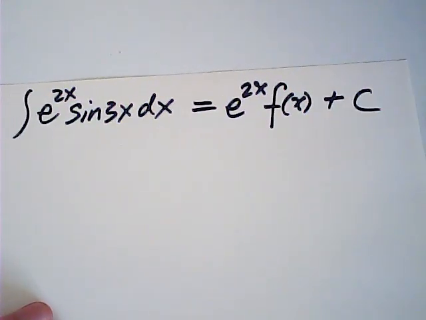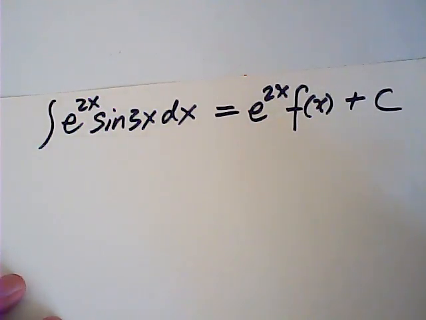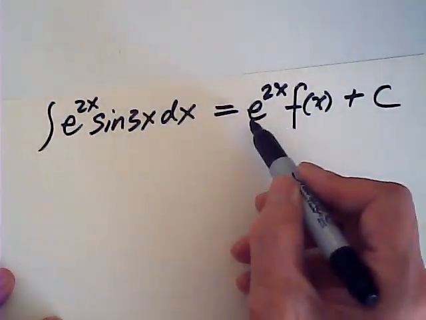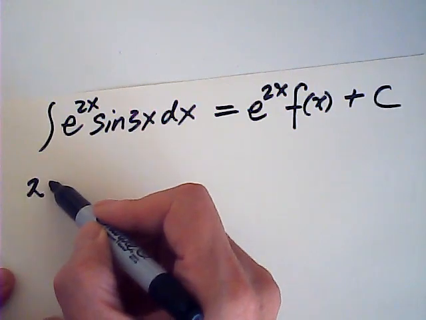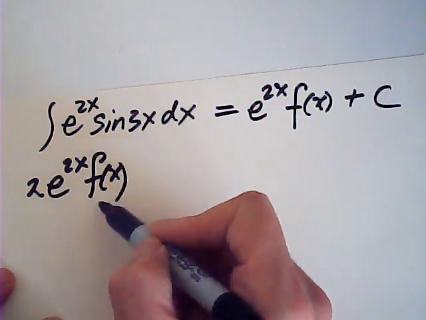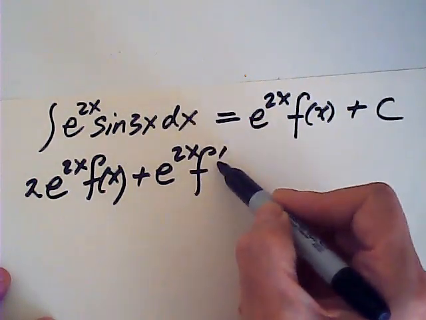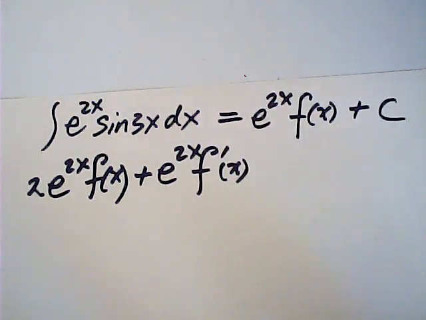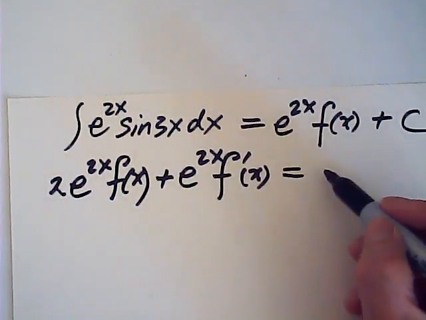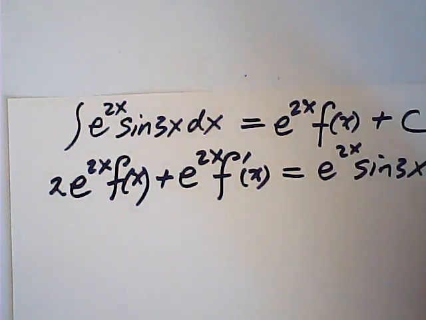Well, I hope you accept it. And then we differentiate both sides. This differentiates to 2e^(2x) times f of x plus e^(2x) times the derivative of f of x with respect to x, right? We are using the product rule, which is equal to the integrand, e^(2x) sine 3x.